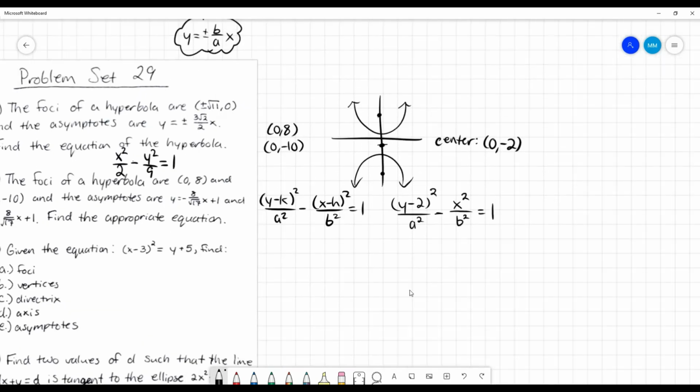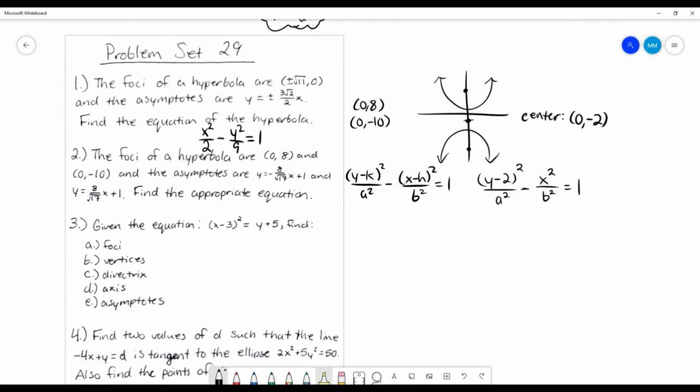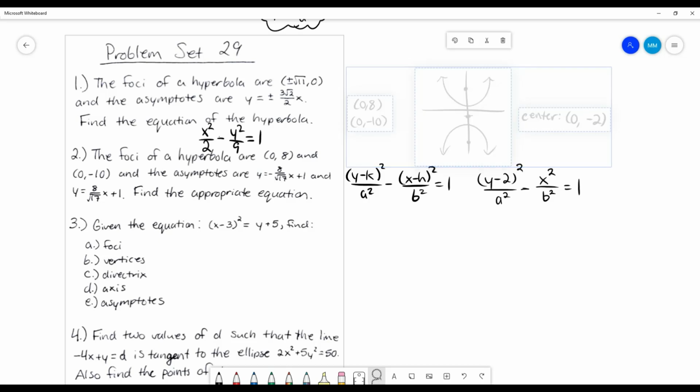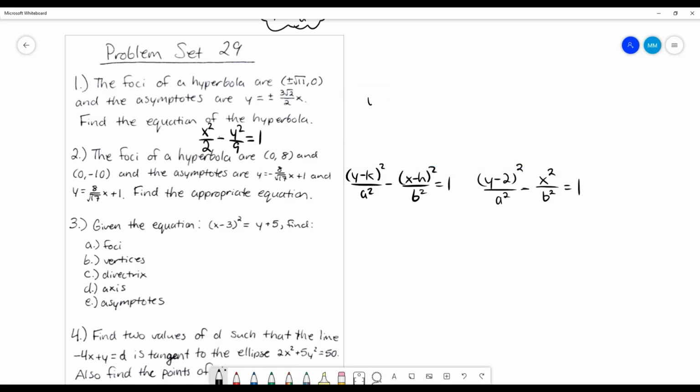And our asymptotes, let's see, I'm going to erase this part here. Our asymptotes, it says y equals negative 8 over square root of 17 x plus 1, and, oh wait, my bad, and positive this plus 1.